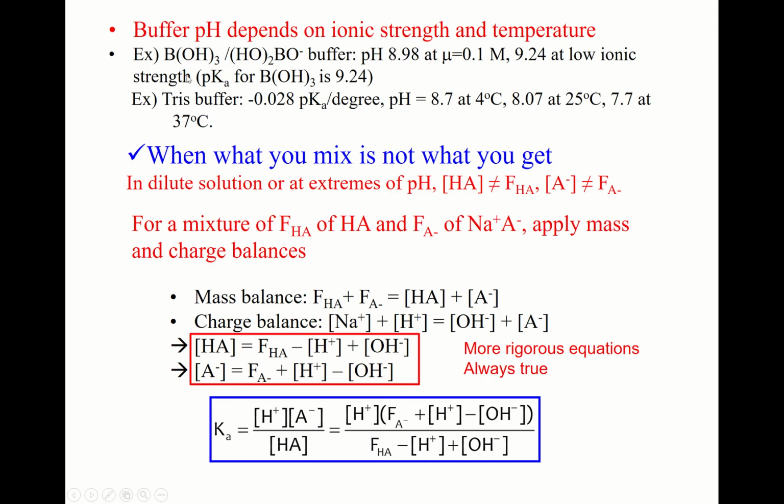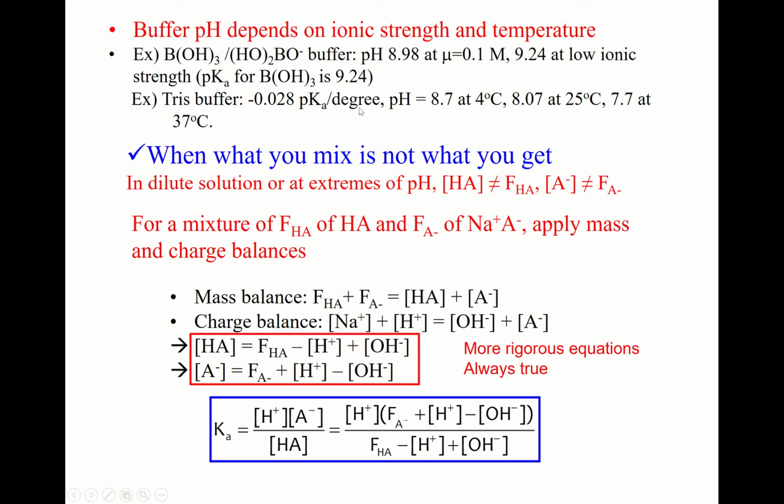And buffer pH depends on ionic strength and temperature. First of all, you can calculate how much compound to take. You calculate, and this amount of compound may give the pH, but the actual pH may be different.